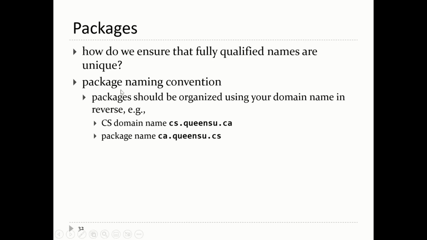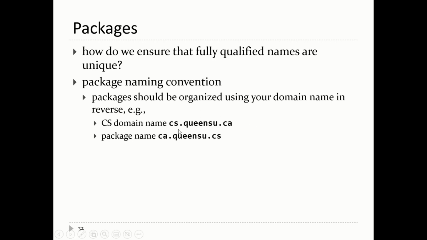There's a package naming convention. When you create a package that's meant to be used outside of your own organization, in other words you want to distribute your software and let other people use it, you're supposed to take your organization's domain name and reverse the words in it.